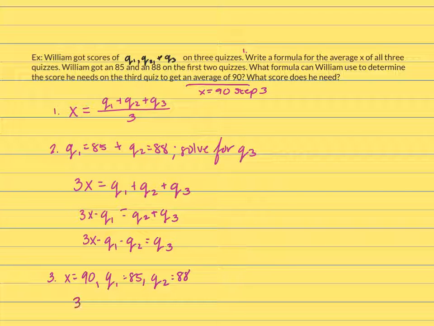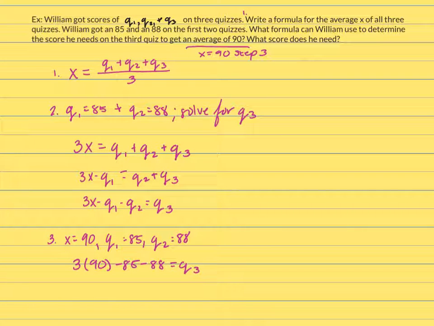So I get 3 times 90 minus 85 minus 88 is equal to the value of quiz 3. From here, I just simplify, so I get 270 minus 173 equals Q3. And when I subtract those two, I get a score of 97. So the score that William needs is a 97.